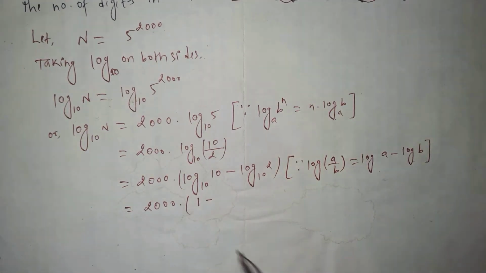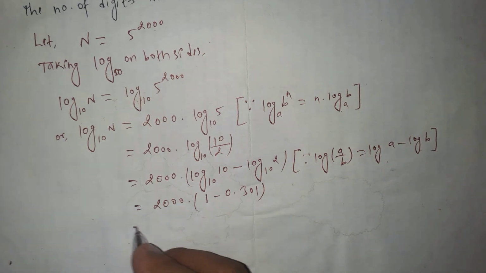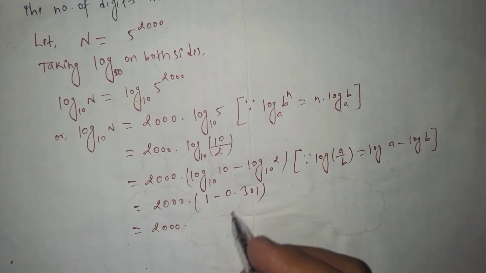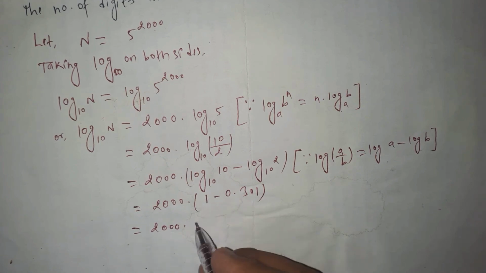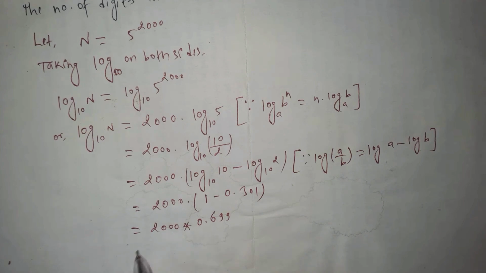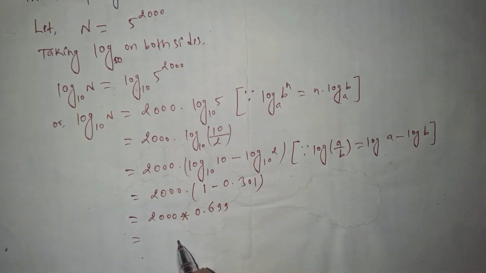Let's substitute the value here. This is 0.301, and let's do the calculation. 2000 times, and 1 minus this gives 0.699.